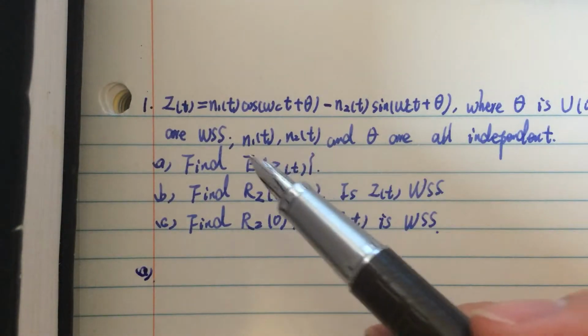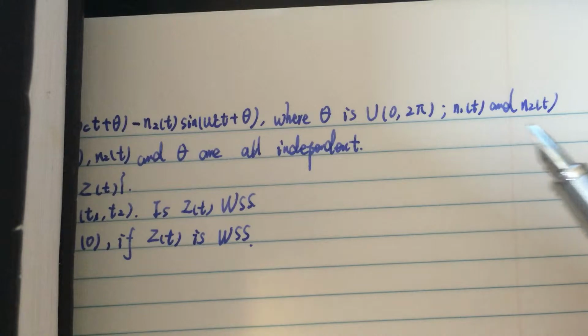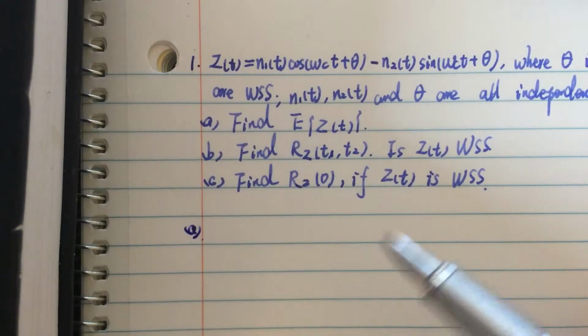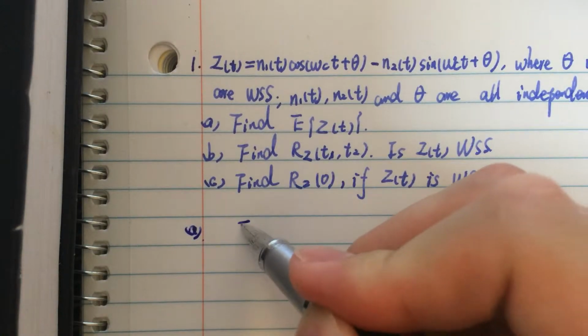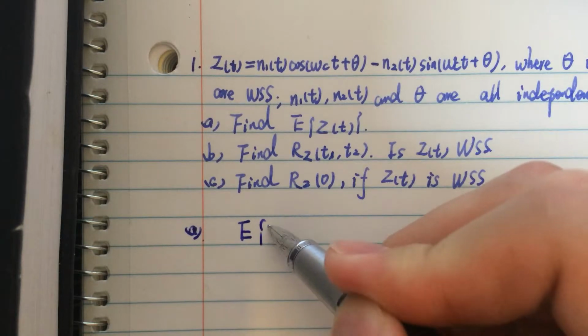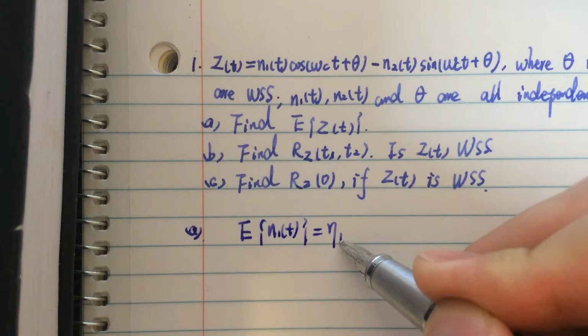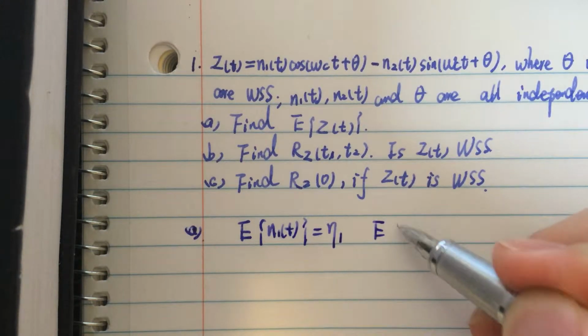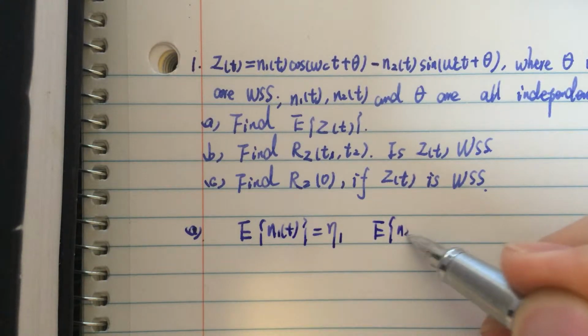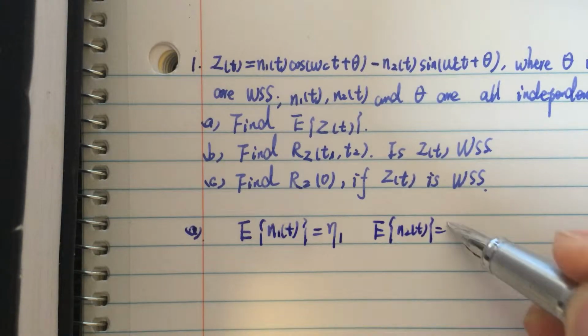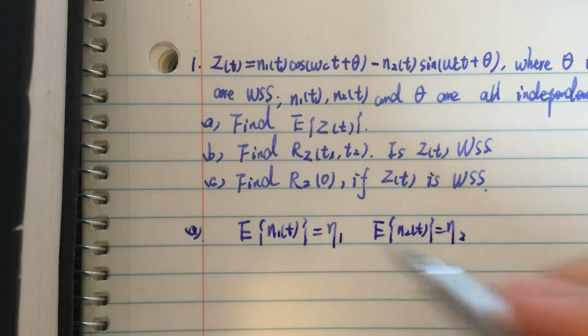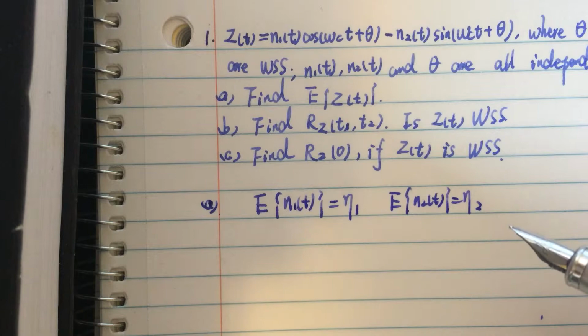Since we know that n1(t) and n2(t) are WSS, the mean of n1(t) will equal lambda 1, and the mean of n2(t) will equal lambda 2, and lambda 1 and lambda 2 are both constants.